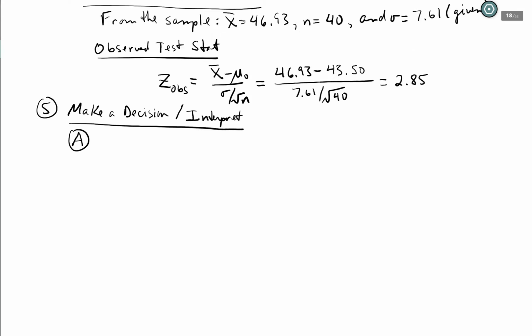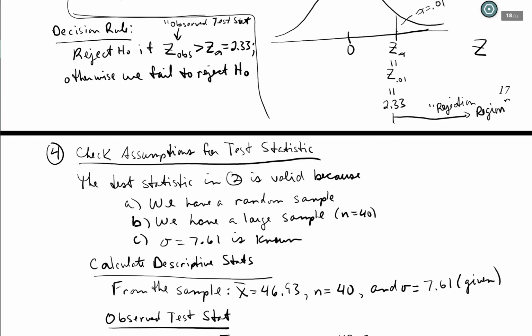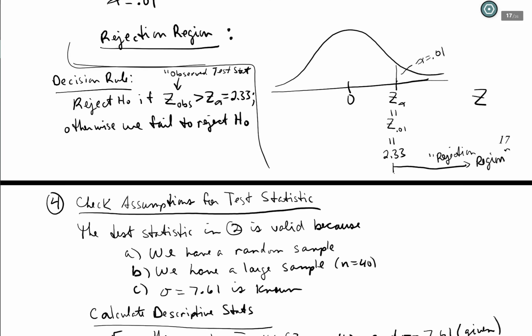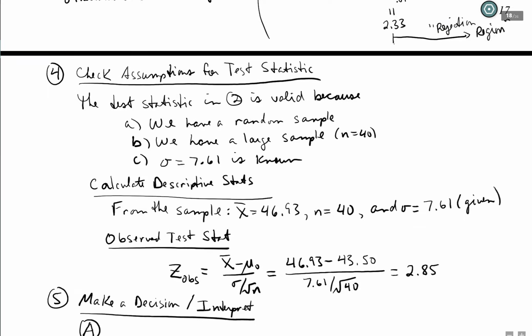Does that fall in the rejection region? Let's go look at our rejection region here. The rejection region was anything bigger than 2.33, and so clearly our test statistic falls in the rejection region.